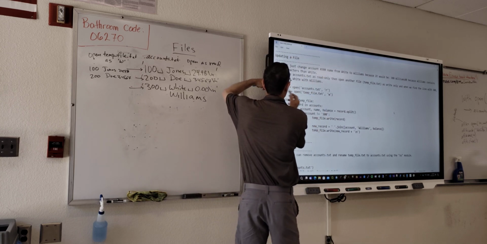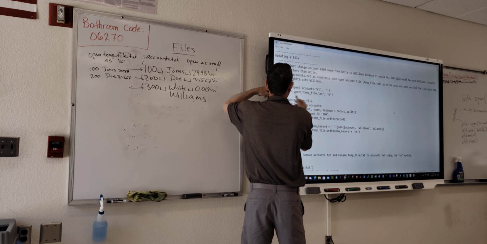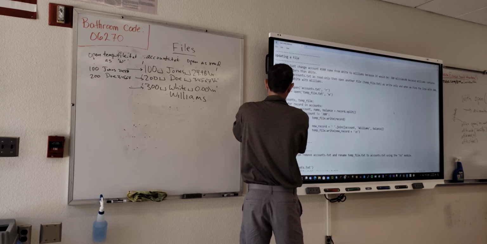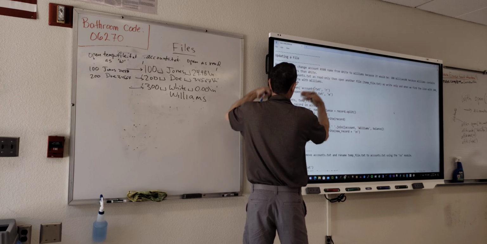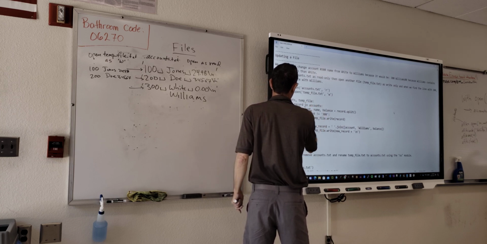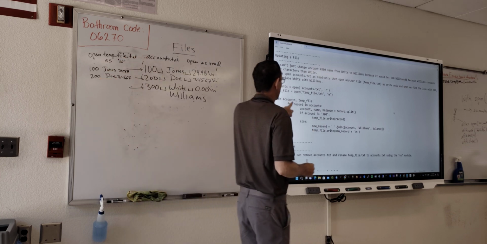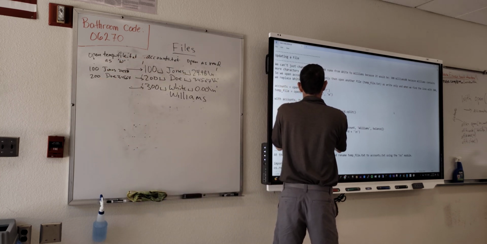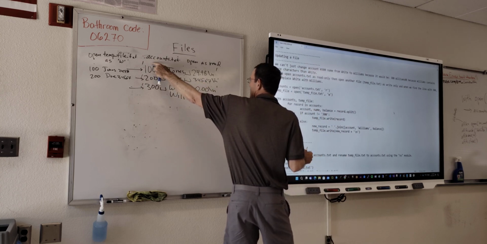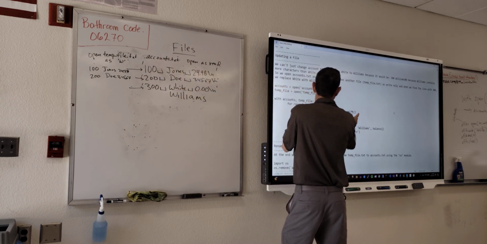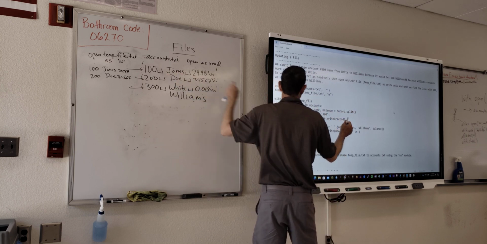So this is how it's happening. We open accounts as read only. We open the temp file as write. Now we say with accounts, comma, temp file. We have them both open and we're looping for record in accounts. For each record here, we're splitting: account, name and balance is record.split, because these are separated by spaces.